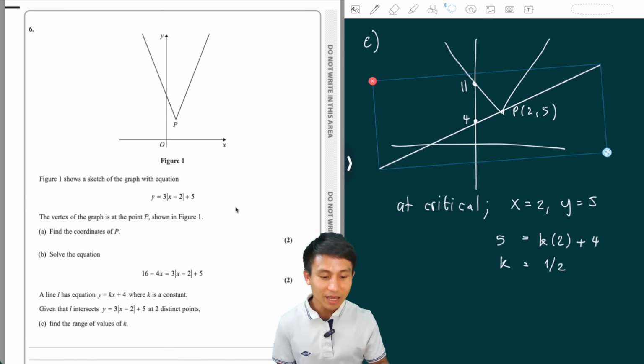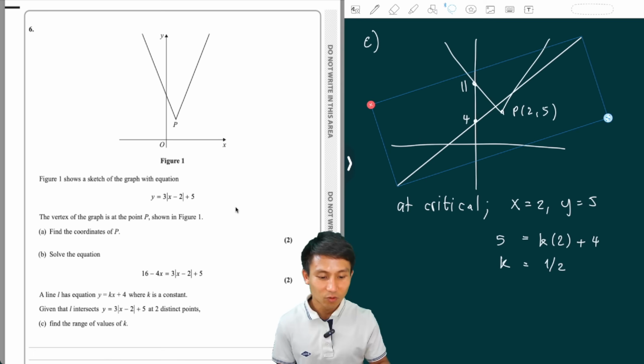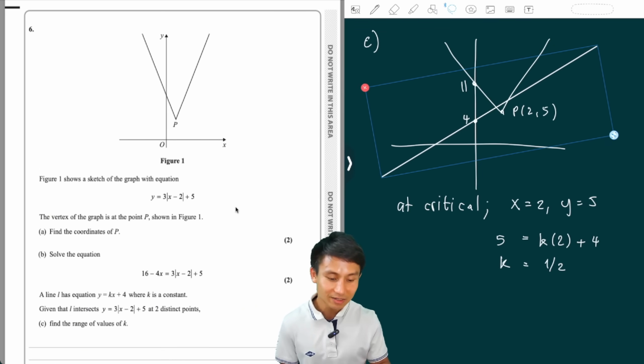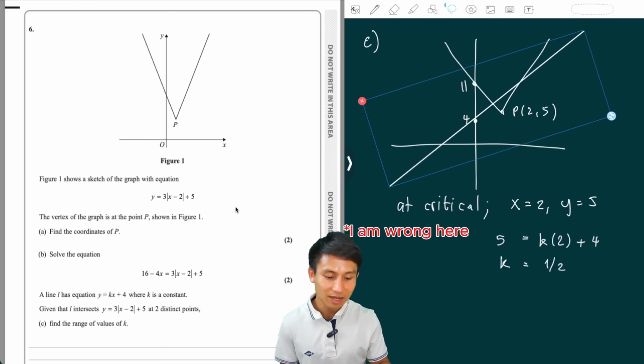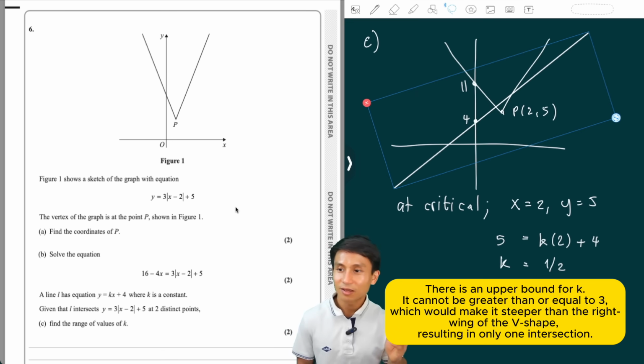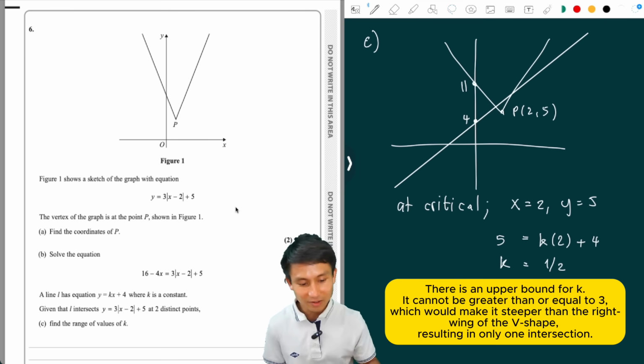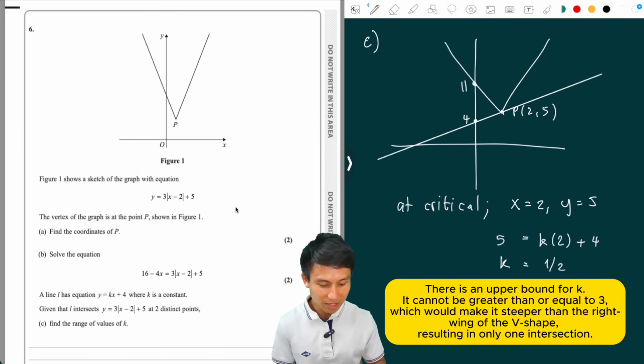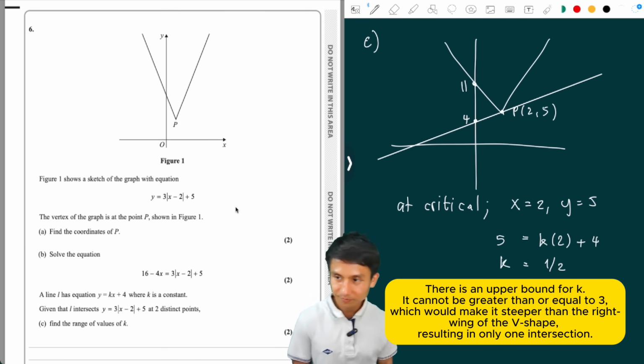So we need to make k more. If k is greater than 1/2, no matter how much greater, it's still going to cut at two distinct points. So that's our range. Therefore, k is greater than 1/2.